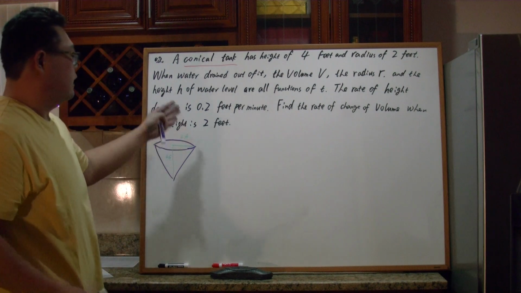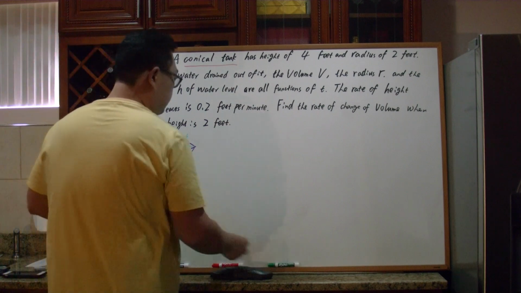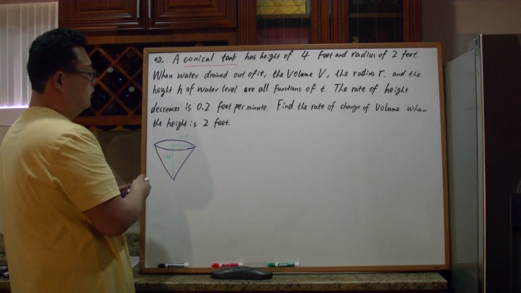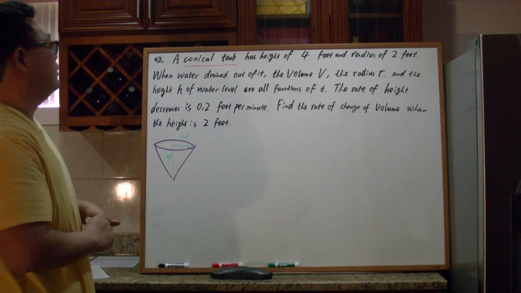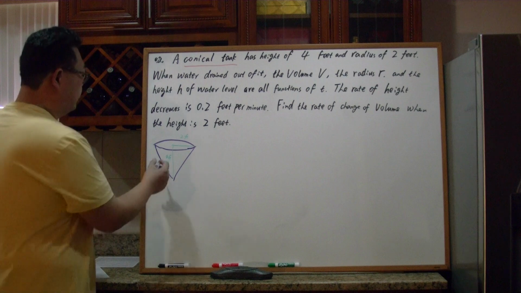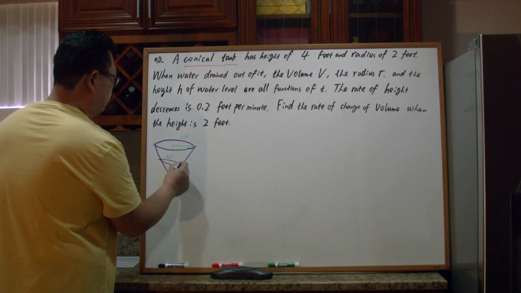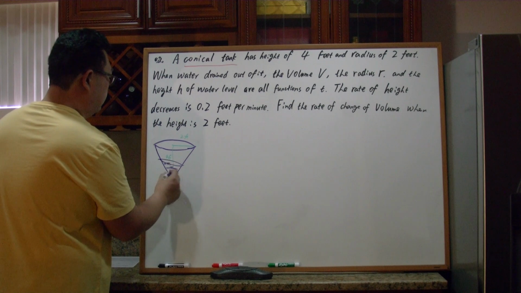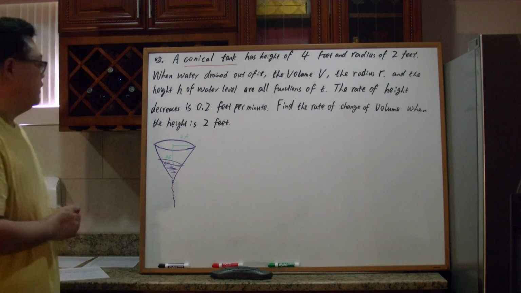The cross-section is basically a right triangle. What else? The water is getting drained out of it. Some part is the water level, and underneath, the water is getting drained out of the tank.